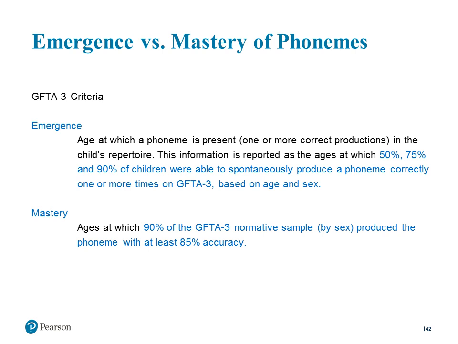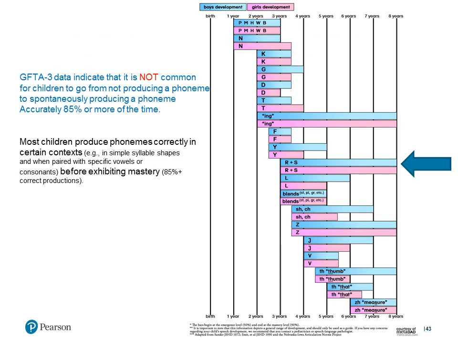Mastery is defined at ages in which 90% of the GFTA-3 Northern sample, again by sex, produce the phoneme with at least 85% accuracy. So instead of just saying they have to do it right one time, they have to say it right enough times to have it measured as 85% accuracy. So if it was tested in 3 occurrences, they would have to get all 3 occurrences right in order to hit mastery.